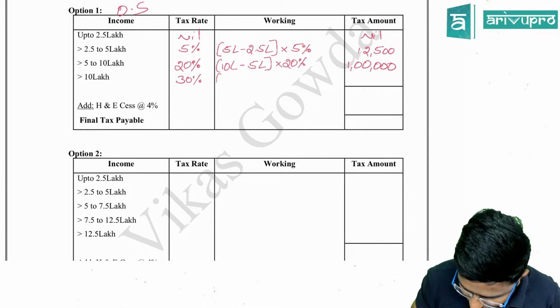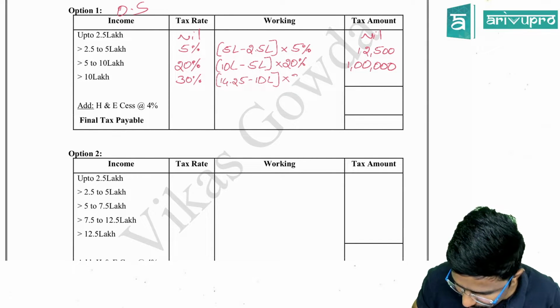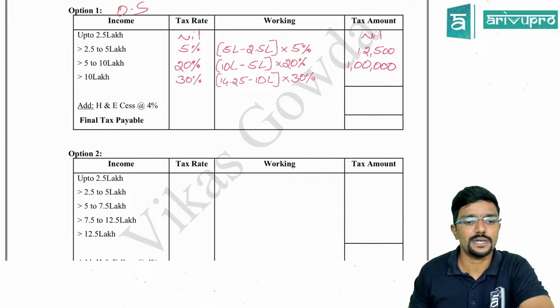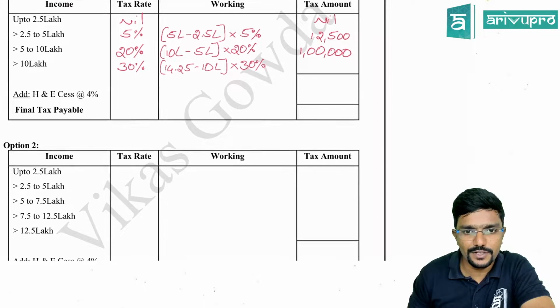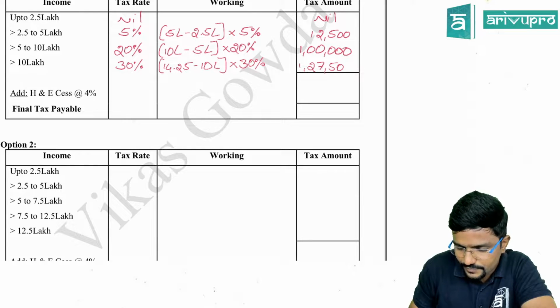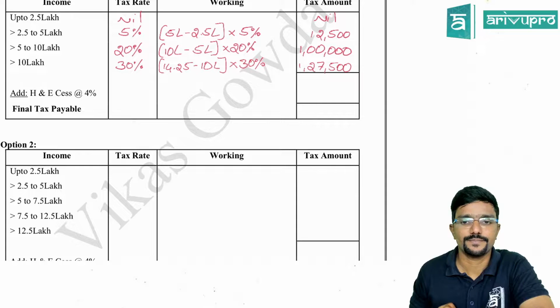So 14.25 minus 10 lakh into 30%, that means 4,25,000 into 30%, which will give you 1,27,500.